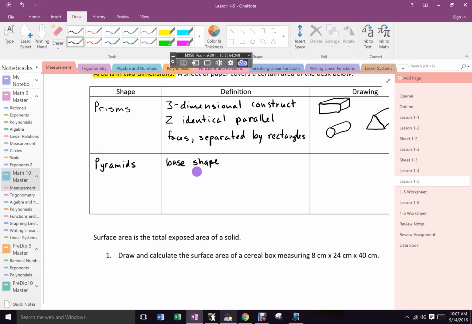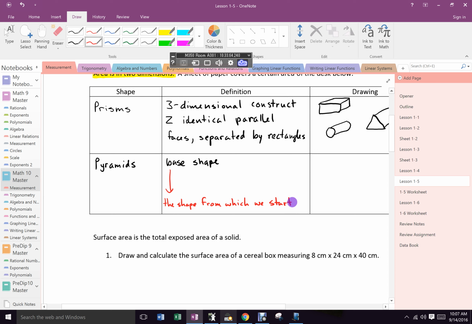You have to get that out of your head. Okay? Base means the shape from which we start. Okay?